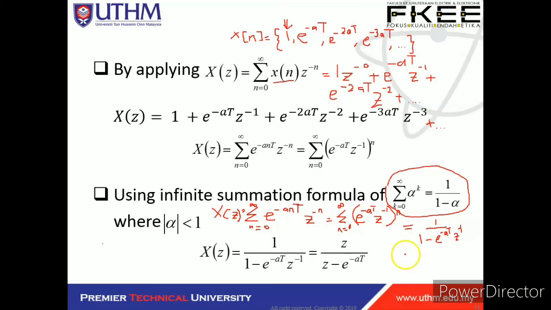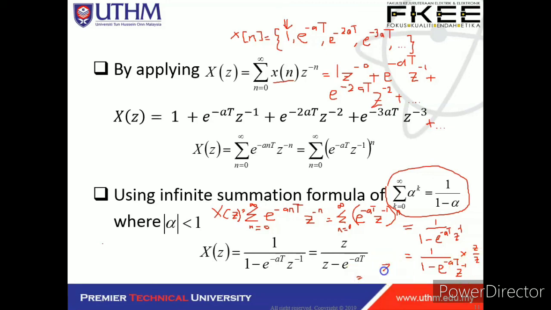Okay, so this one we can also change to the positive power of z. This one we have z with the negative power, so we can change into positive power by multiplying with z over z. So z divided by z is 1.